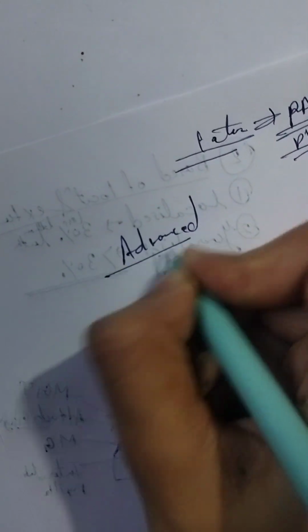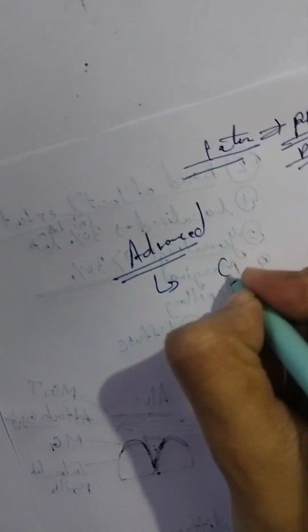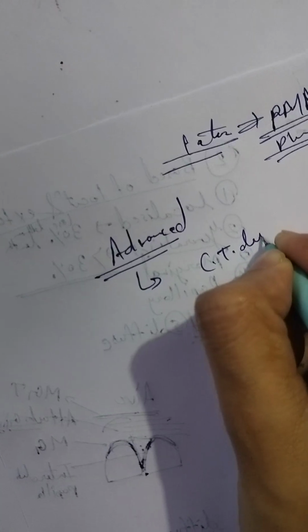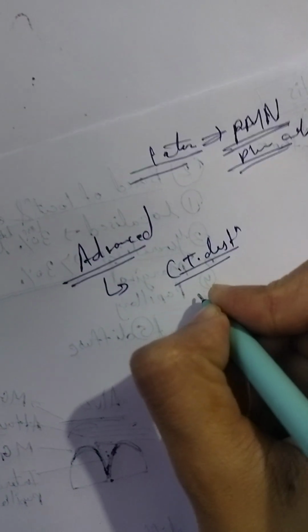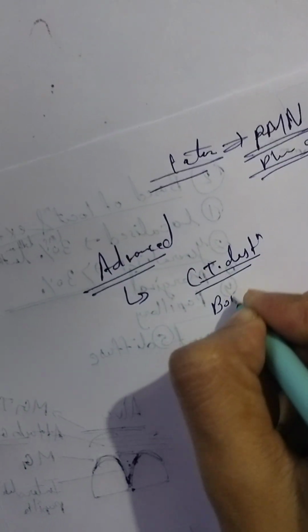In the advanced gingival lesion, there is destruction of connective tissue. Then there is bone loss and pocket formation.